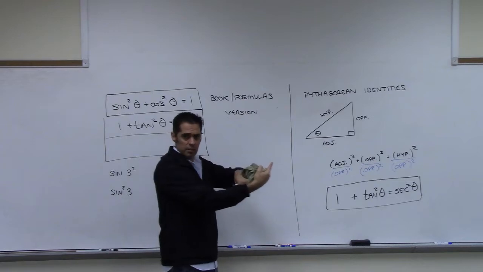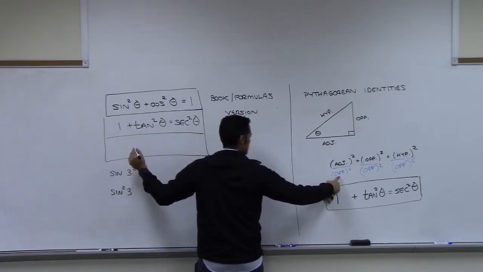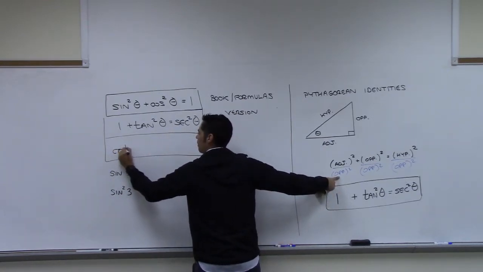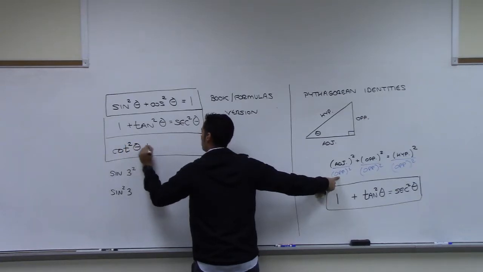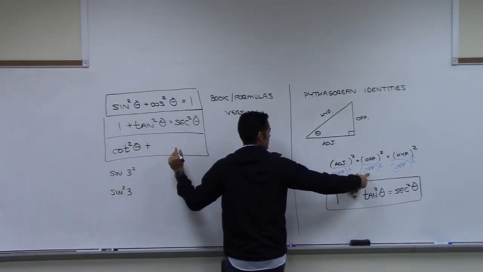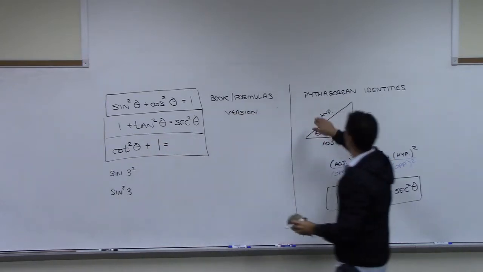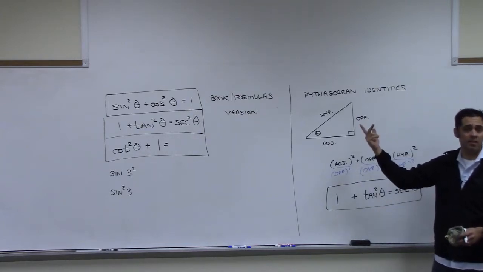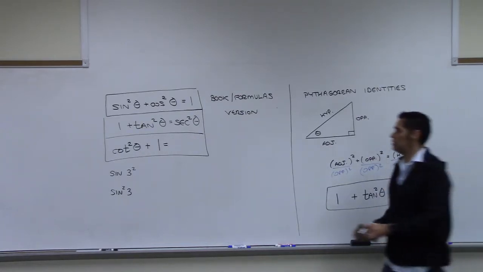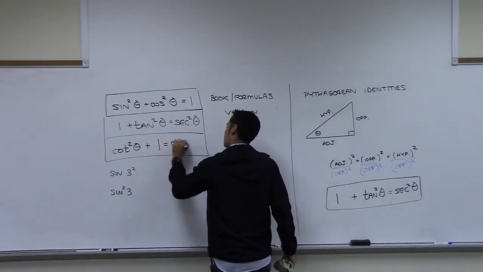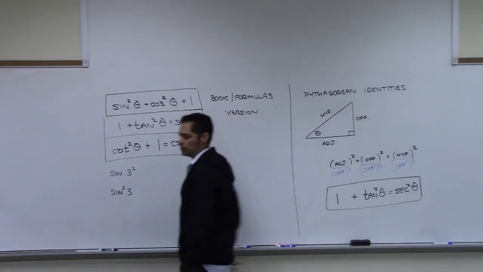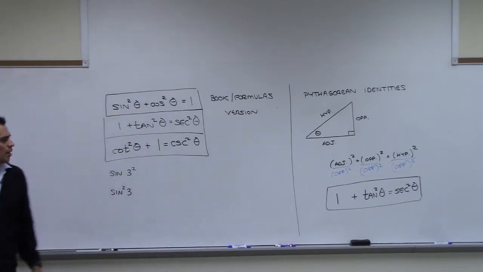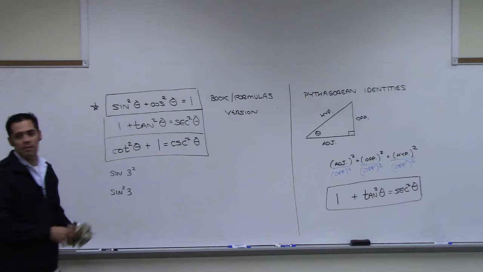Which is cotangent. So this should be cotangent squared theta plus opposite over opposite, 1, equals hypotenuse over opposite. Hypotenuse over opposite is the reciprocal of sine, isn't it? So cosecant squared. There they are. Those are your 3 Pythagorean identities, with the first one being by far the most important.